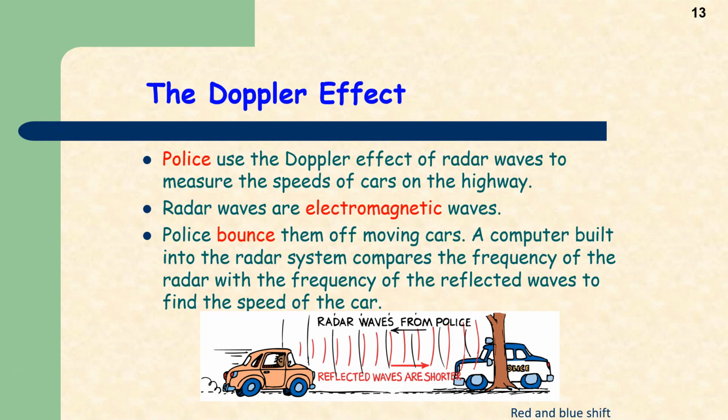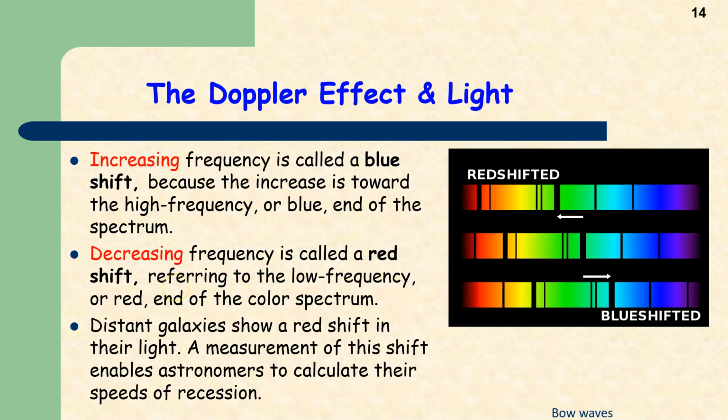Just like with a race car, if the car is moving toward them, the reflected waves will be shorter, an increase in frequency. All the electronics has to do is compare the original wavelength to the reflected wavelength. The Doppler effect has a lot of implications in astronomy.